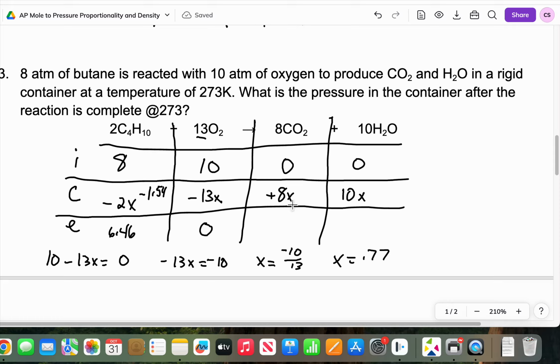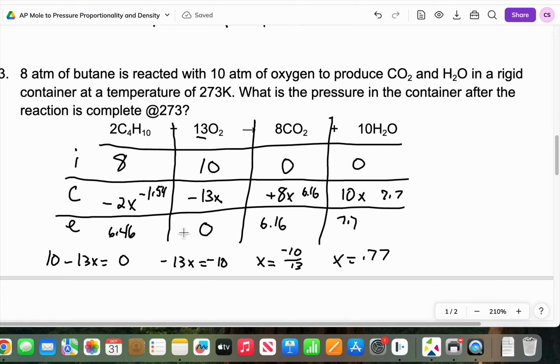Then we're going to take 8 times 0.77, and I think that's 6.16. Yep, 6.16. So we're going to take 0 plus 6.16. And then we're going to get 10 times 0.77. I can do this one in my head for sure. That's going to equal 7.7.